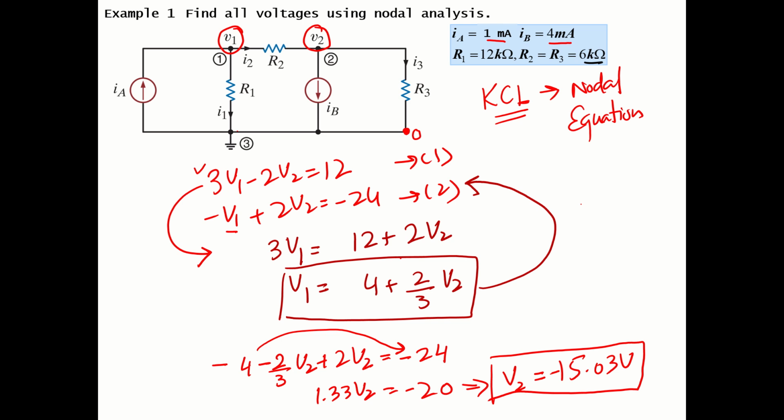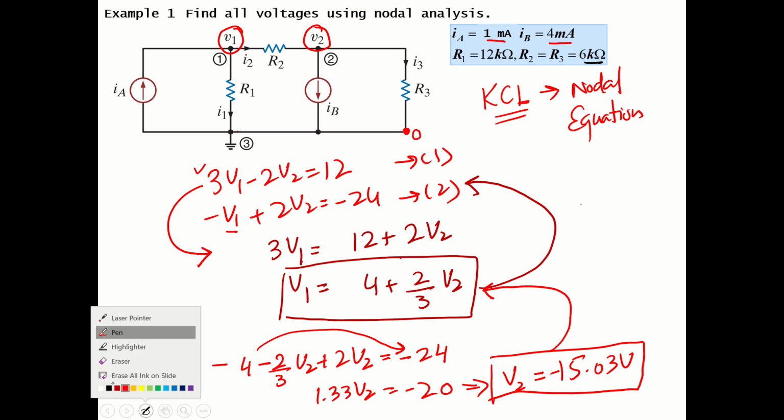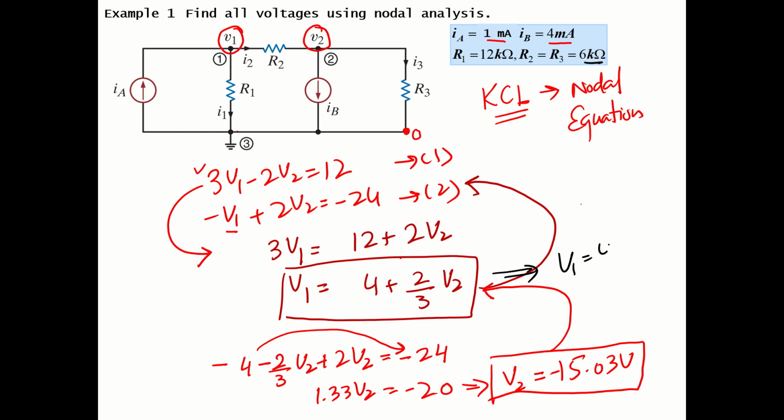So once we have this value, we can plug it into the substitution equation so that we can get the value of v1. So let's plug this here. So v1 basically will be what? 4 plus 2 over 3 times v2. v2 is basically minus 15.03, if you want to get the exact number.